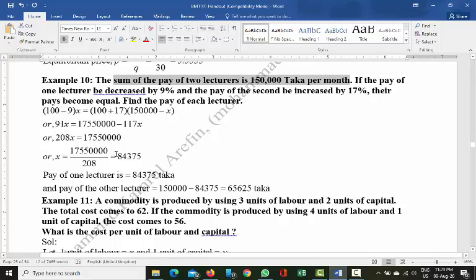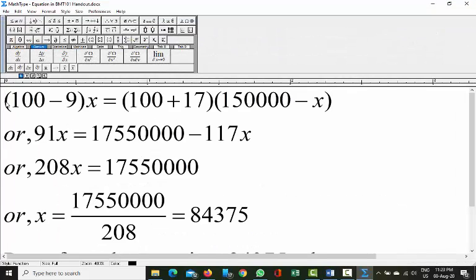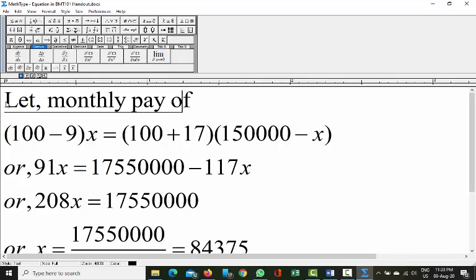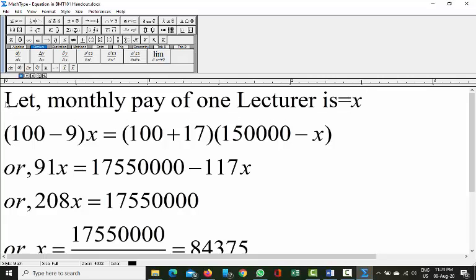So let us solve it. Let the monthly pay of the first lecturer be x taka.